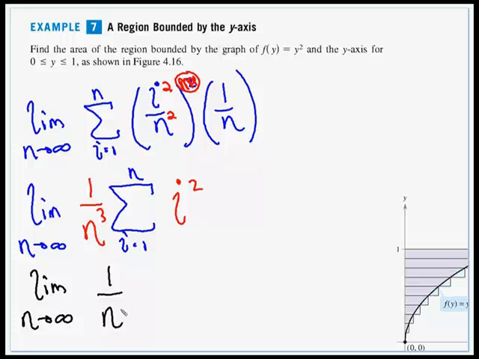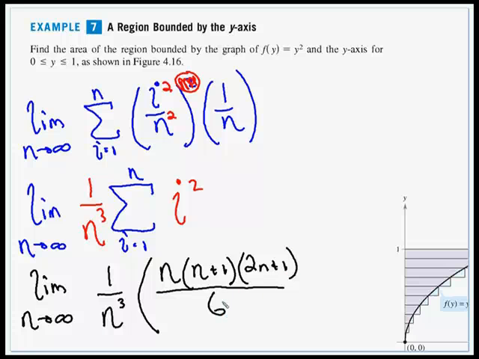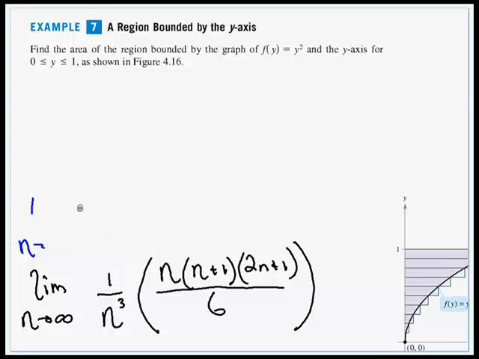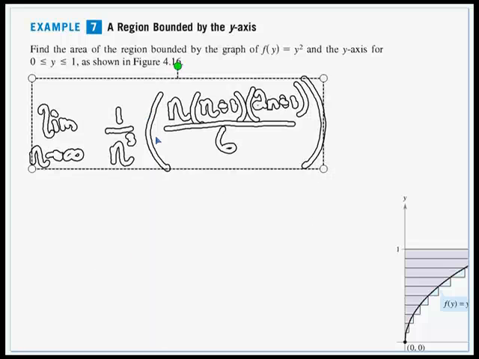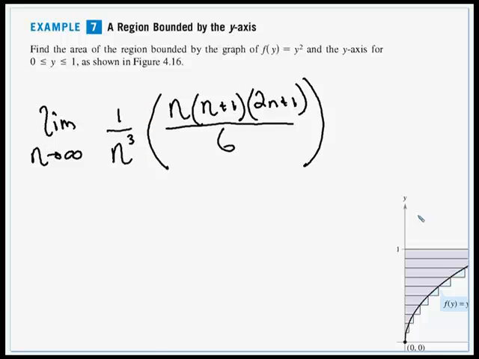We have our 1 over n to the third, and we can replace i squared with n times n plus 1 quantity times 2n plus 1, all divided by 6. Let's see, to make life easier, before we distribute some stuff, we can at least cross that n off and take one of these out.